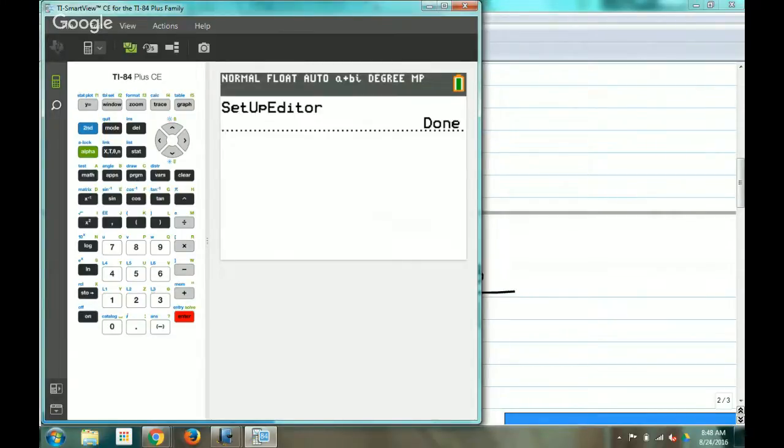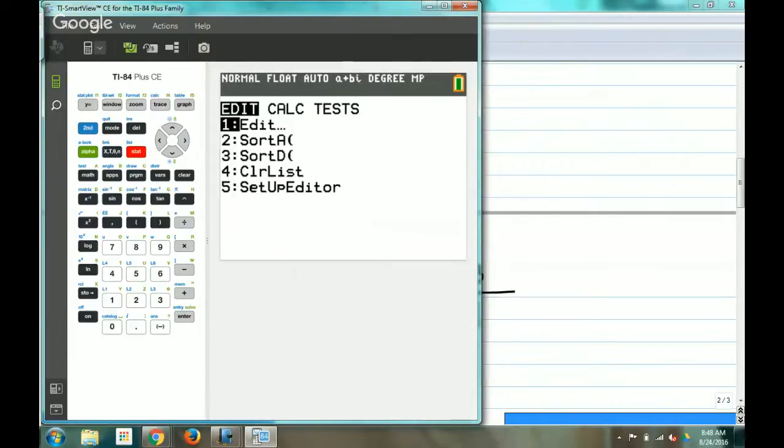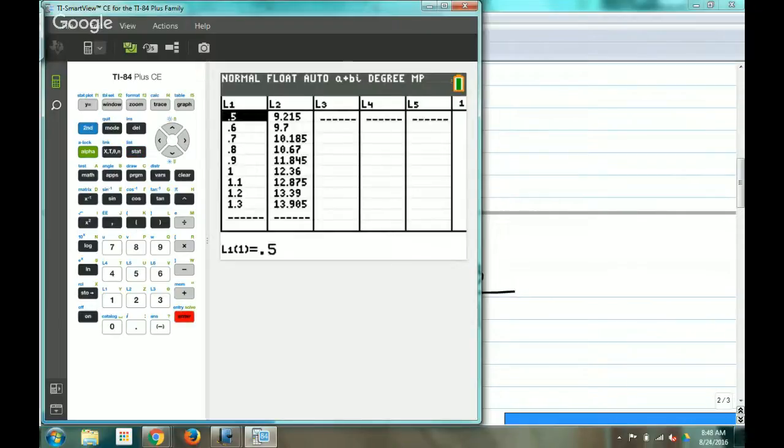Now hit the stat button one more time. Then we're going to go to edit, so hit enter there. I've got some stuff already typed in. I'm going to show you how to clear a list. If you rented one from us, you probably got some stuff typed in yours as well. If you've got stuff already in list 1 and list 2, you want to clear that out.